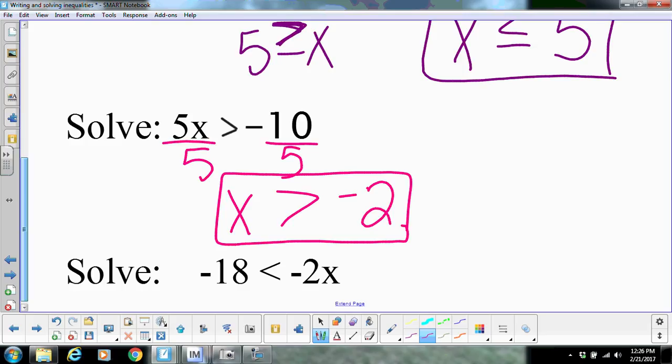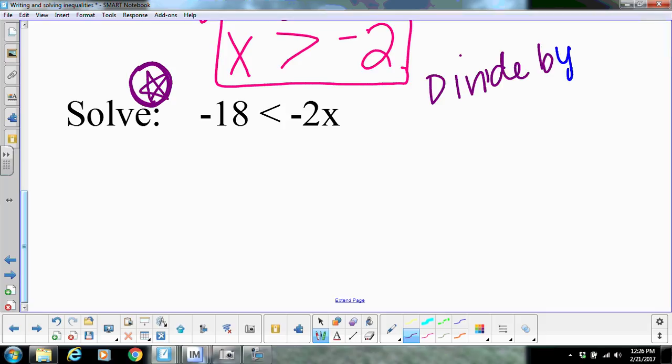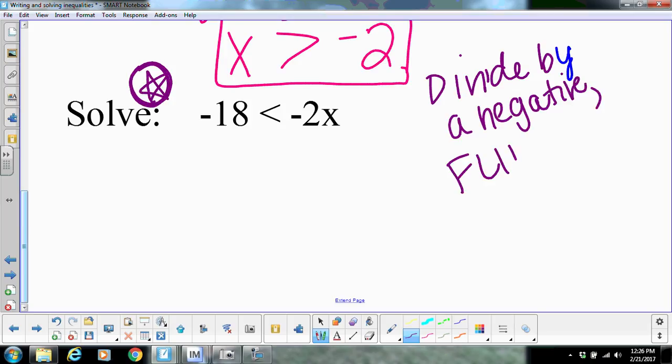So the last one down here, this is our only difference. In inequalities, if you divide by a negative, anybody know what you need to do? You need to flip your sign.